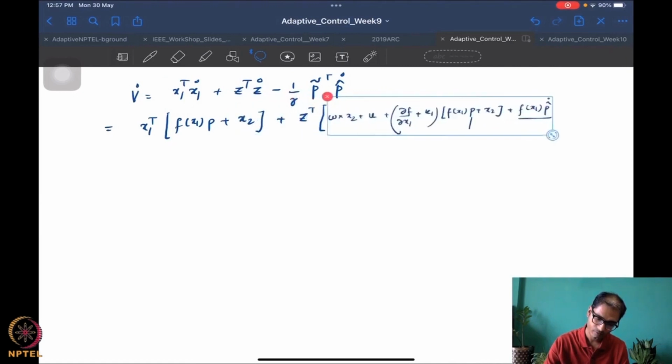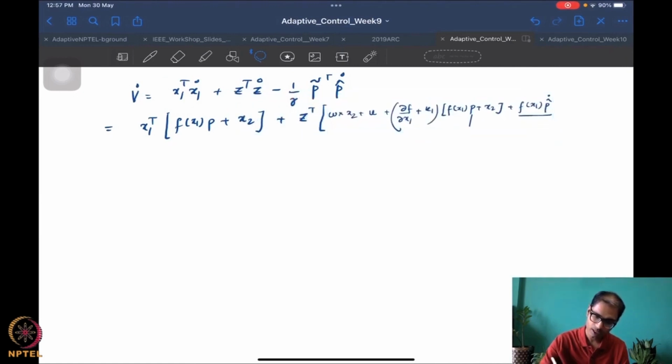That's what z transpose z dot is. And of course I still have my 1 over gamma p tilde transpose p hat dot. I still have that same term here.